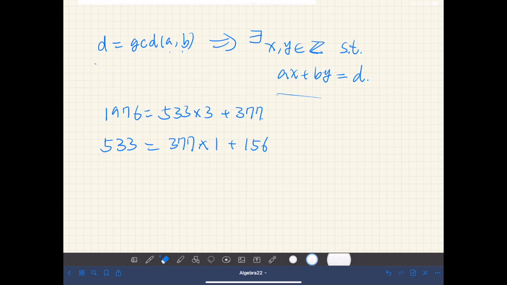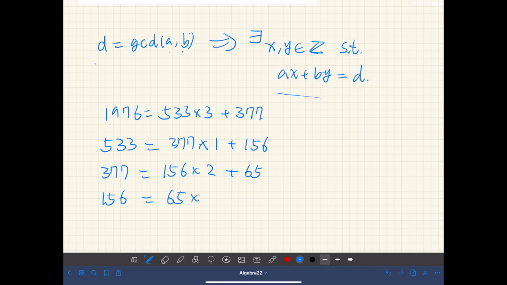Then we divide 377 by 156, that is times 2 plus 65. Then 156 is 65 times 2 plus 26.